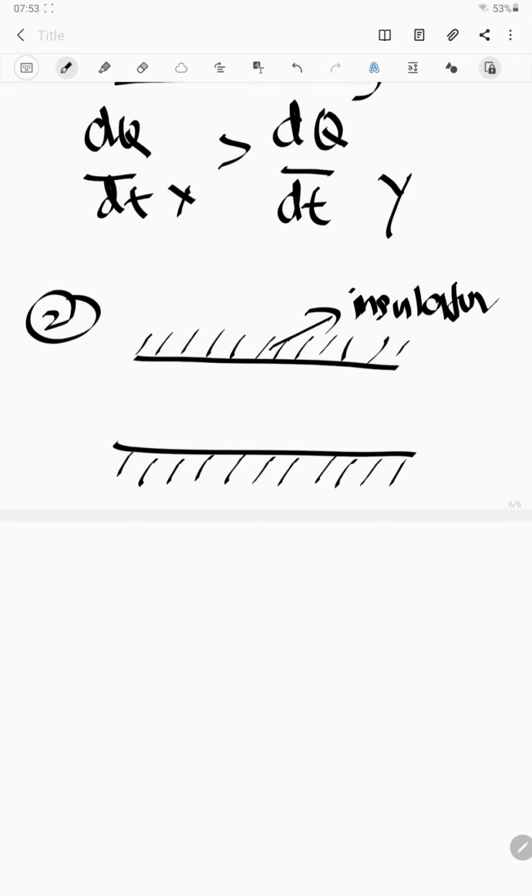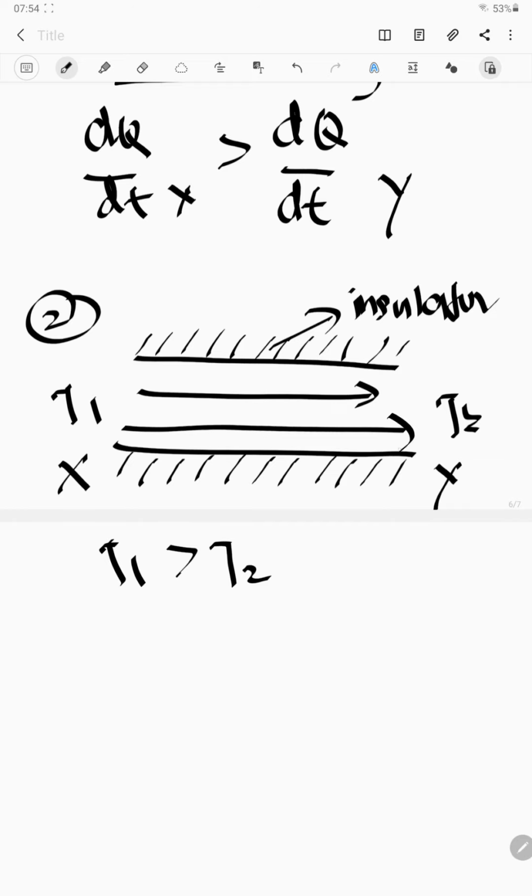Okay, so sekeliling ni ada insulator. So sama juga kita ada point X and point Y, di mana kita ada T1 and T2. So T1 is greater than T2, and then the heat will transfer from T1 to T2.